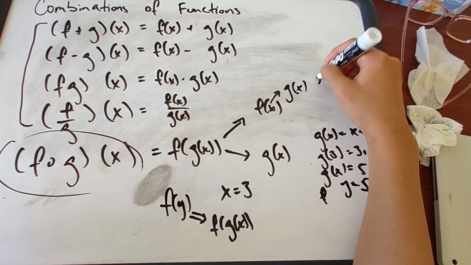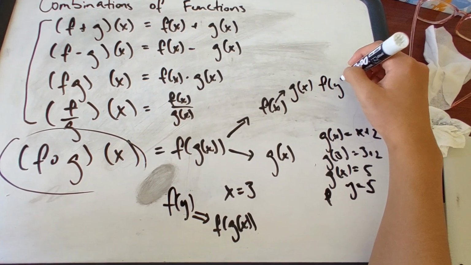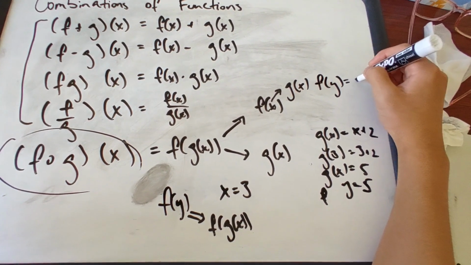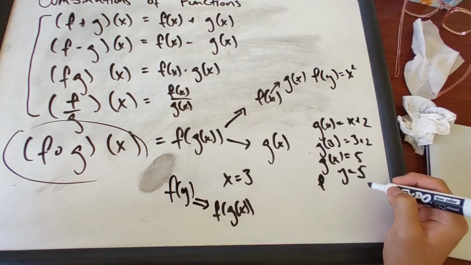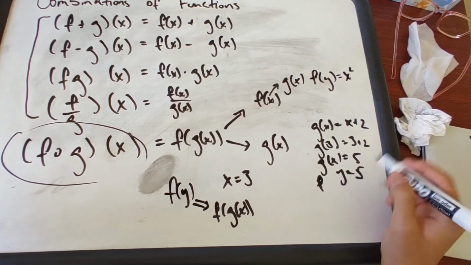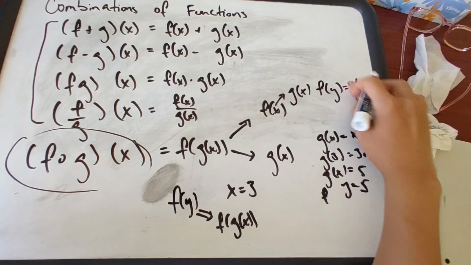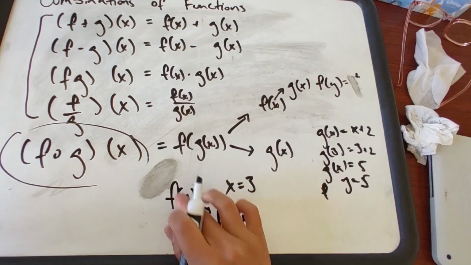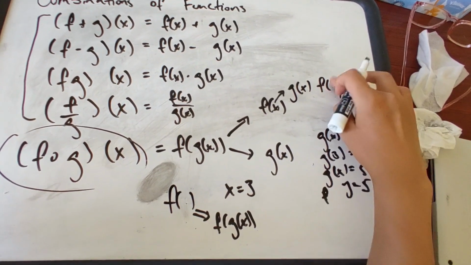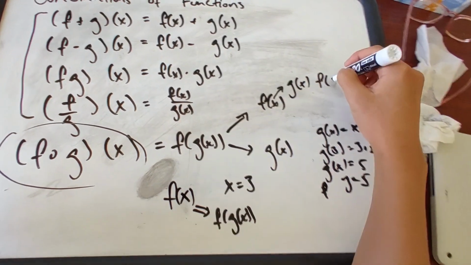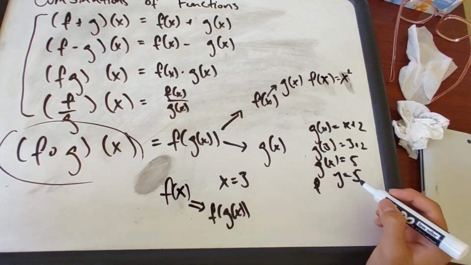And let's say f of y is like x squared or something like that. Actually, I think it would be better if we switch this back into x. So f of x would be x squared.